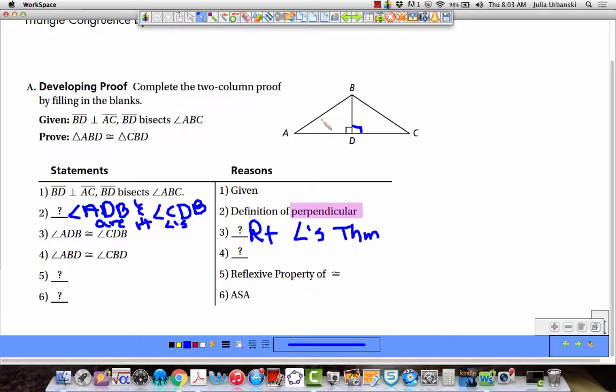I'm going to do this next one in a different color so you can see it. But look carefully. What is the middle letter here? B. And what's the middle letter here? So that's where I'm going to draw it. ABD right here is equal to CBD right there. You can't just make that up. There's a word that makes that. Can you find the word that makes this happen?